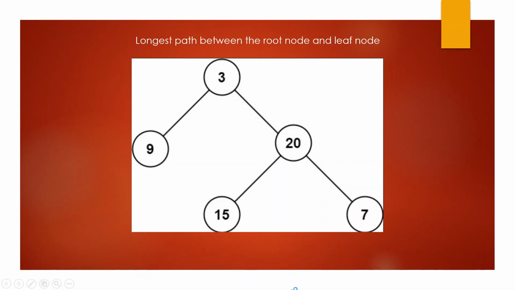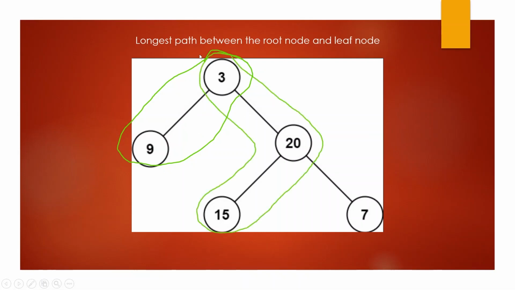If we take the case of this diagram right here, and I try to calculate the height, what will it be? If I take the path from 3 to 9, this can be one path, from 3 to 15 this can be one path, and 3 to 7 that can be one path. So we have 3 total paths here from root to leaf node.